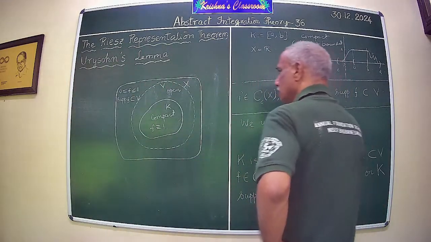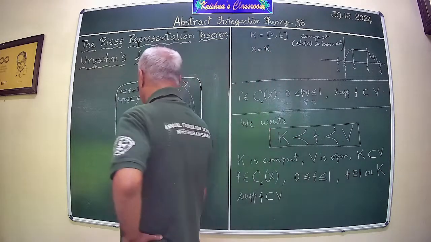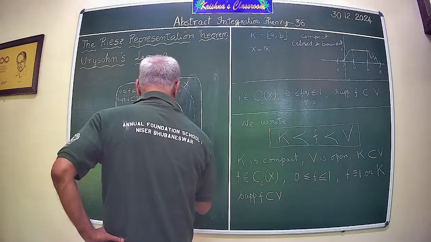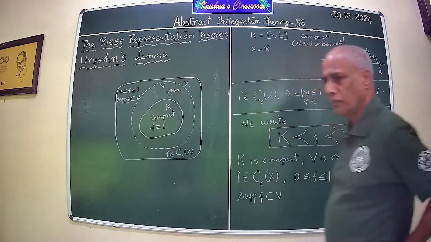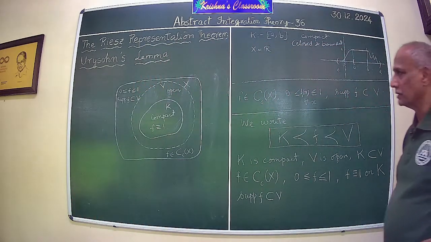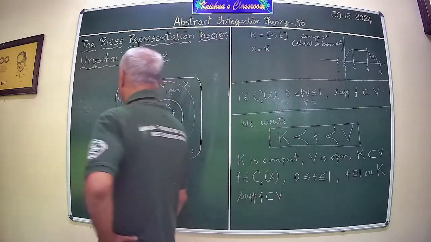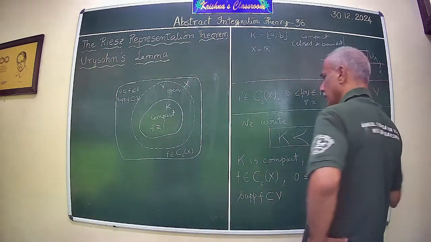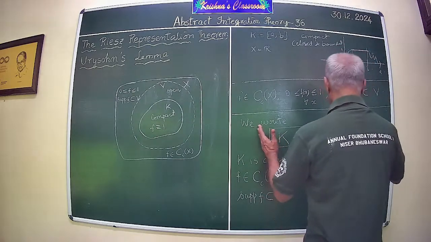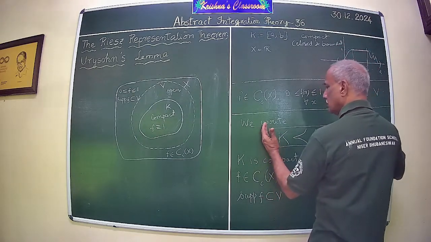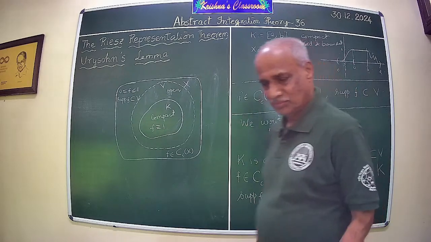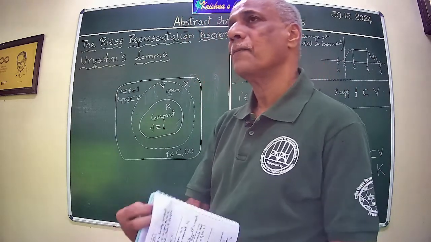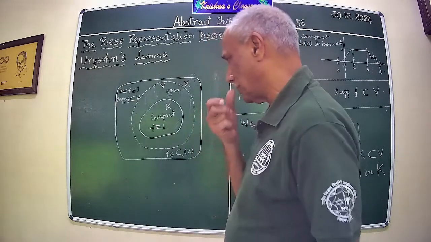Okay. And F is of course a continuous function with compact support with this form. Such a function is what is designated by this notation. So all these facts are squeezed into this single notation. Now that makes it very handy to state Urysohn's lemma.